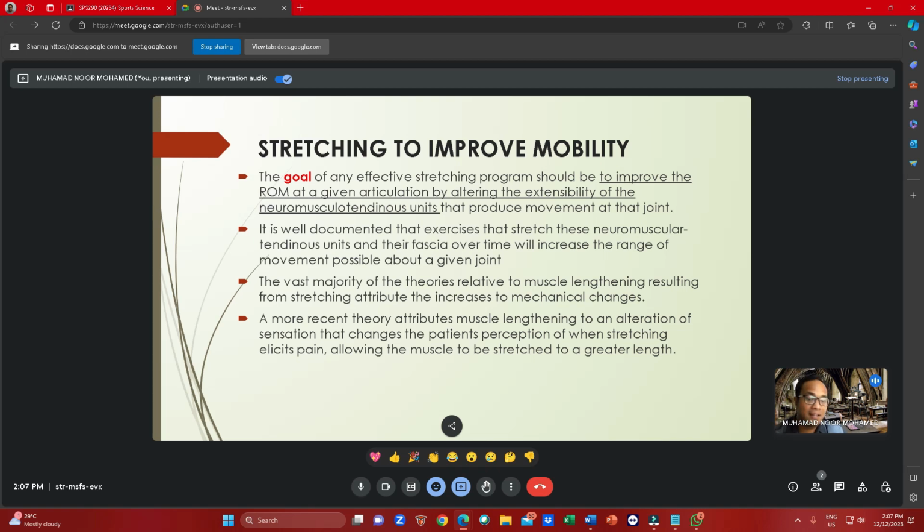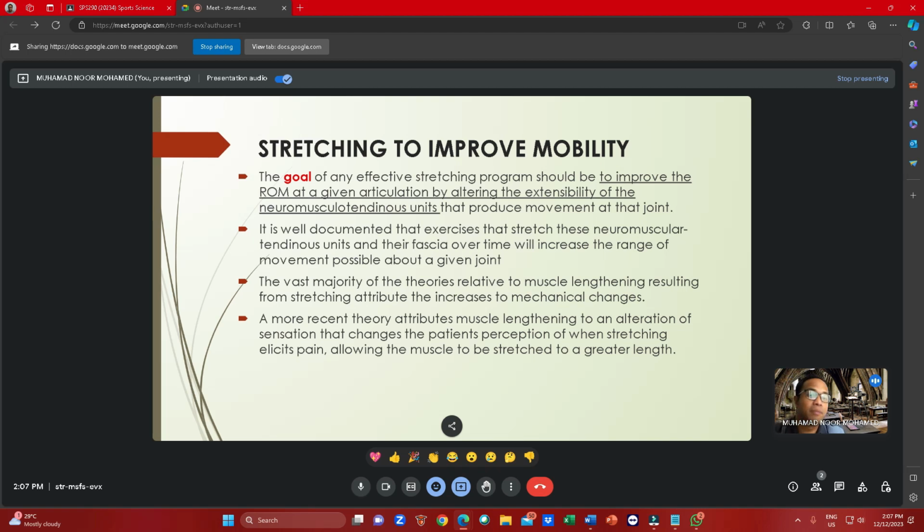However, the latest point of view is that it's not like that; stretching or exercise itself alters the sensation, which delays the sensation of pain, resulting in us being able to move through a greater range of motion compared to before.